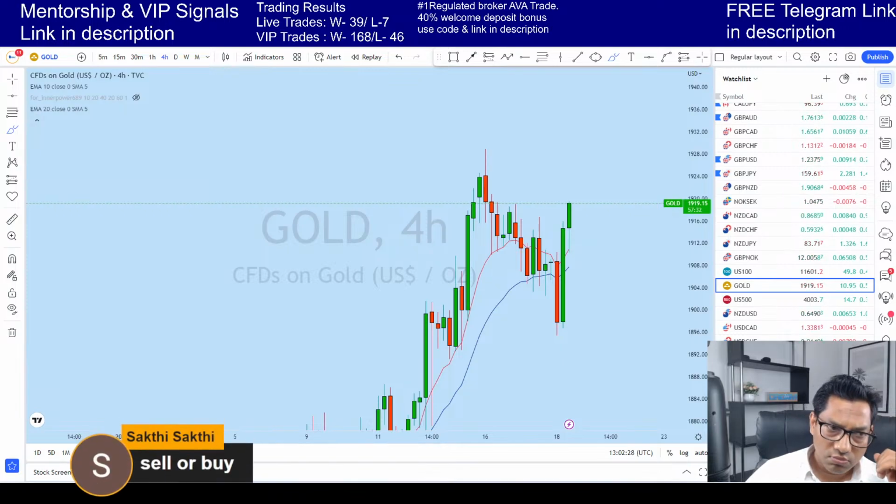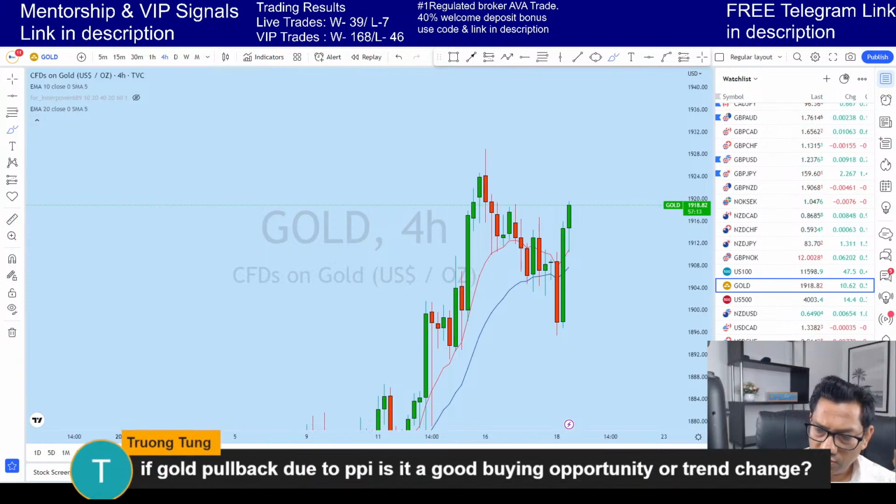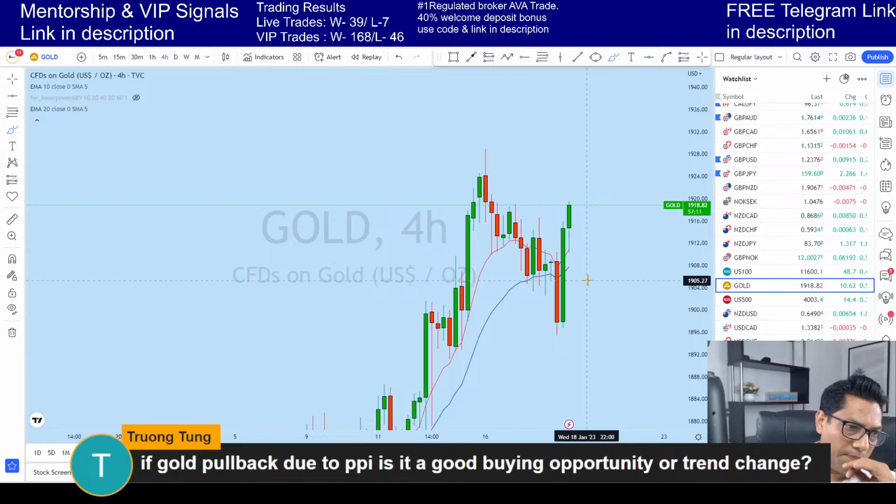So gold is bullish, so basically buy, but we are not entering a trade. If gold pulls back due to PPI, is it a buying opportunity? I think there will be a buying opportunity.